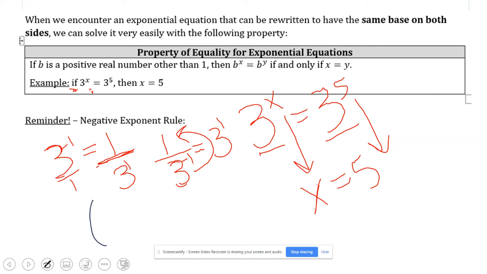If we had 2/3 to the negative first, then that whole fraction is going to be flipped around, the reciprocal, and it'll be 3/2 to the positive first. So I wanted to go back over that one more time as a refresher before we continue on.